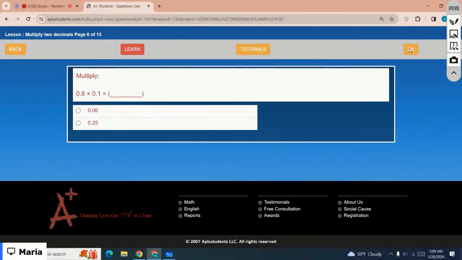Not 0.6. They both have one decimal place. So the answer must have two decimal places, right? 0.6 has one decimal place and 0.1 has one decimal place. The answer must have two decimal places. So that would be 0.06. Keep this important point in your mind. You have two decimal places. Got it?